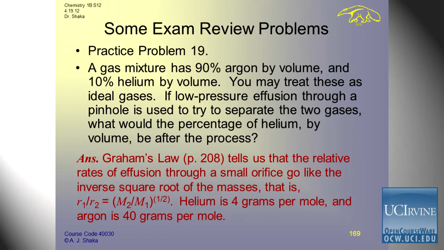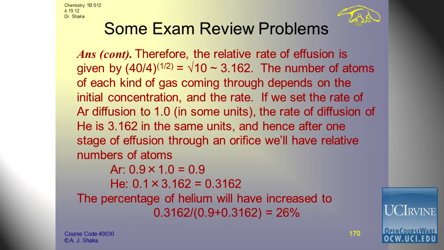We say that R1 over R2 is 3.162, okay? So I'm pretending that whatever the rate of argon is, I just call that 1. And I'm saying relative to that, so R2 is 1. If the ratio R1 over R2 is 3.162, that lets me say that the rate of helium transfer is 3.162 times whatever argon is.